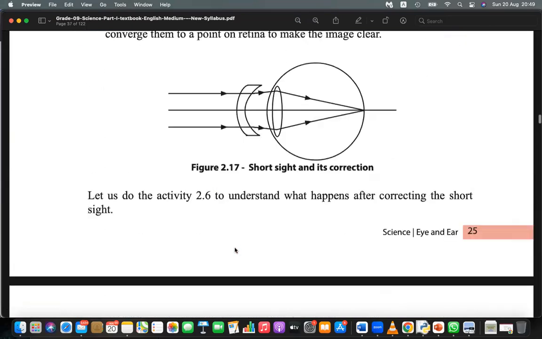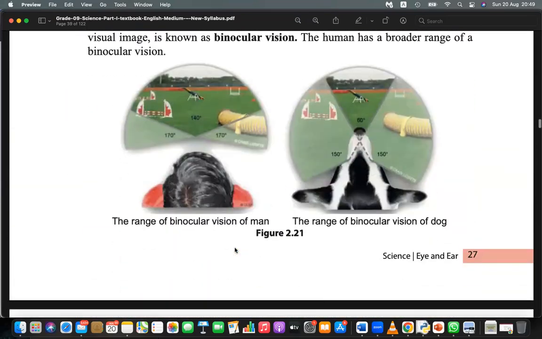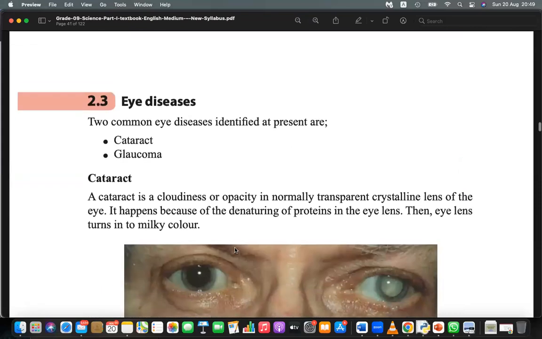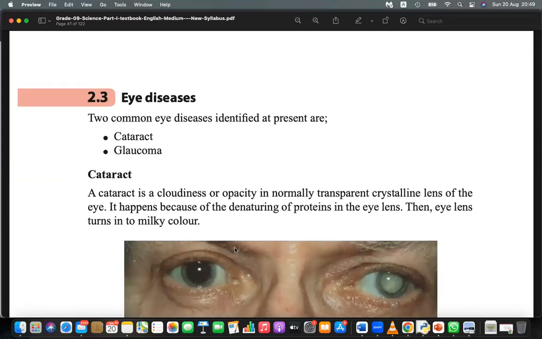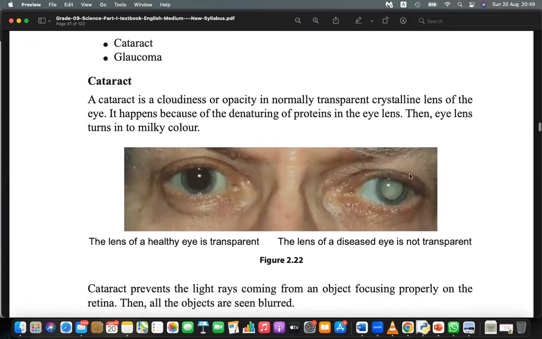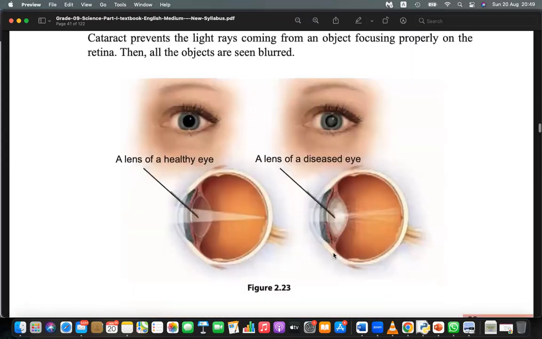Those are lens issues. Cataract is also a lens issue, but not about the focal length or the focus. It is about the white color appearing in this transparent area of the lens. So that is the cataract.